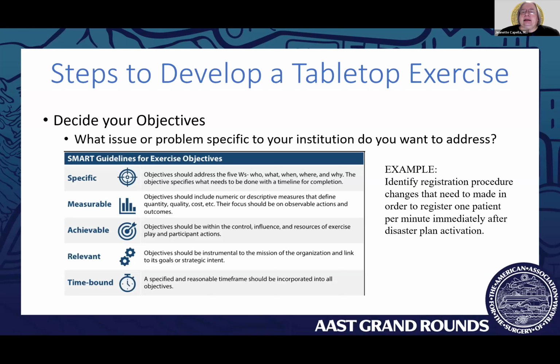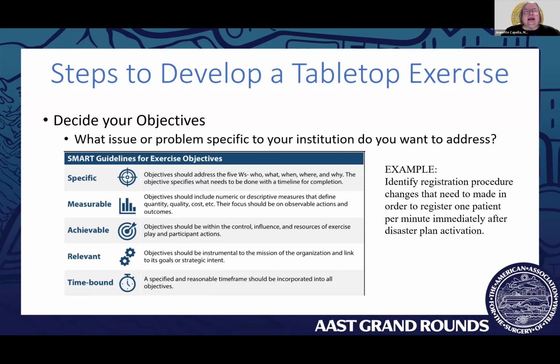As you can see, there's an example, and you basically want to use the same methods that you use when developing learning objectives, the SMART guideline. You want them to be specific, measurable, achievable, relevant, and time-bound.